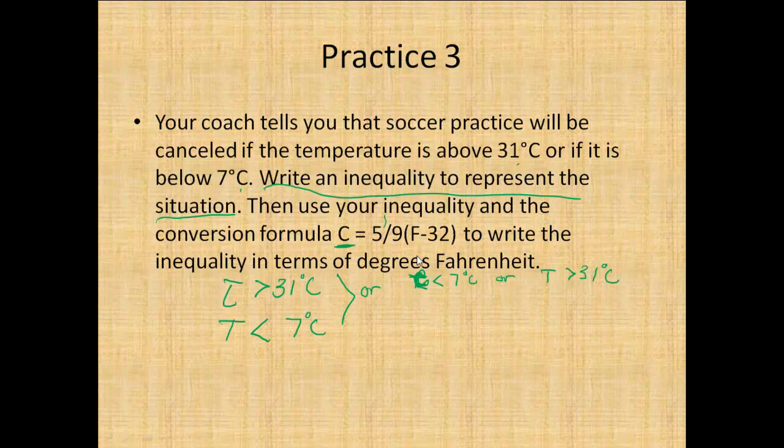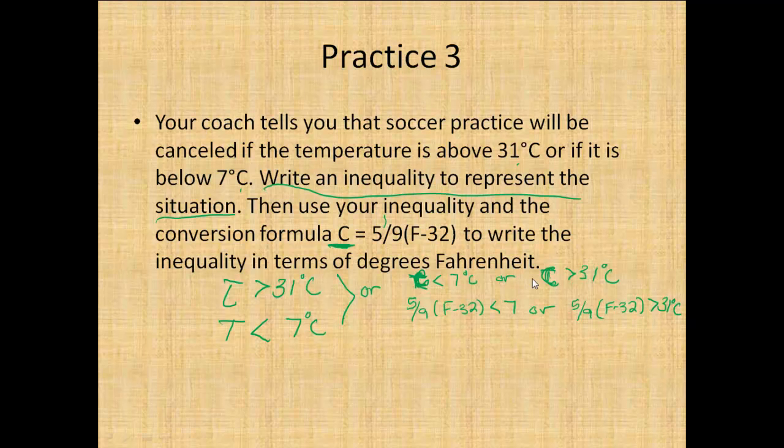So what we need to do is replace that C with 5/9 times F minus 32 is less than 7, or, and again our temperature, that's our Celsius degree reading, so we're going to replace that T with our C equation, and then add on the greater than 31 degrees Celsius.